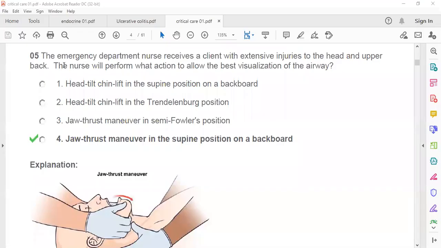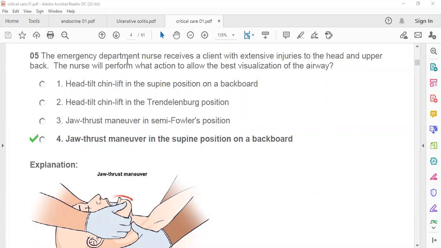So question number 5: the emergency department nurse is receiving a client with extensive injuries to the head and upper back. The nurse will perform what action to allow the best visualization of the airway?